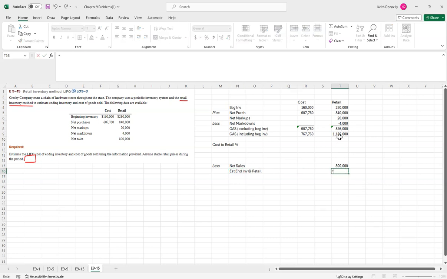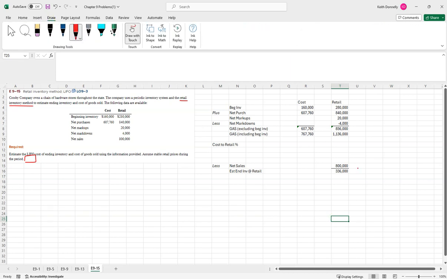In other words, we take the goods available for sale and back out the net sales. We're looking at 336. Okay, step one: figure out the estimated ending inventory at retail. We just worked our way down with it.